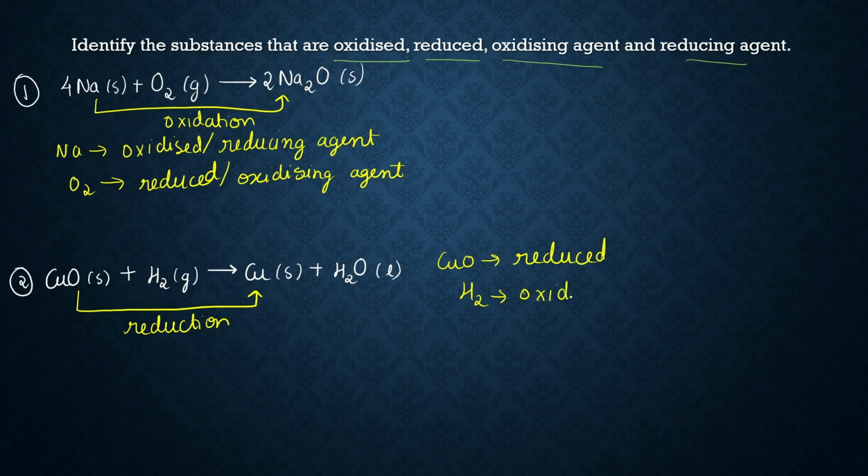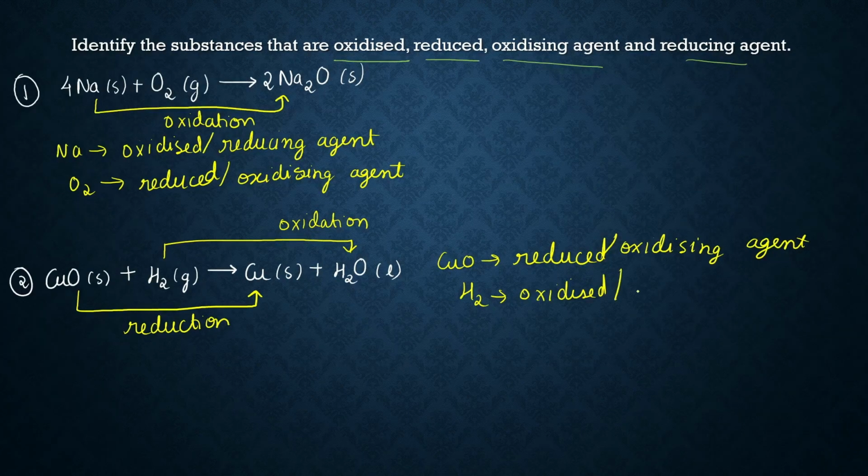Hydrogen has no oxygen, but here if you observe, it has gained oxygen, so it is oxidized. So copper oxide is the oxidizing agent and H2 is the reducing agent.